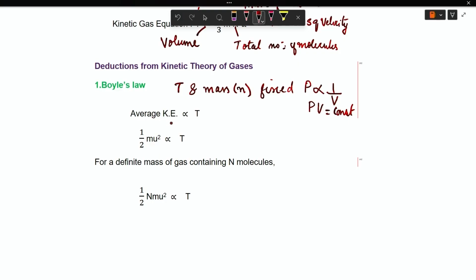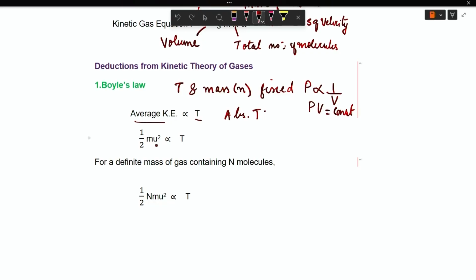We know that the kinetic energy of a gas is proportional to its absolute temperature, that is, the average kinetic energy is proportional to the absolute temperature. Now, I am going to express kinetic energy as 1/2 m u², where m is the mass of a molecule, and we are using the mean square velocity instead of velocity. So, m u² is proportional to T. This is for one molecule.